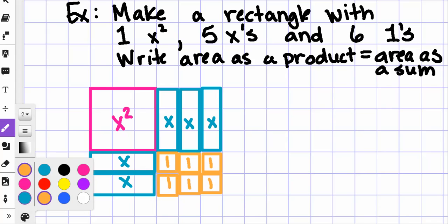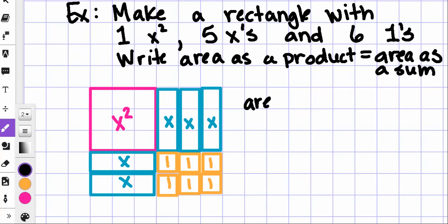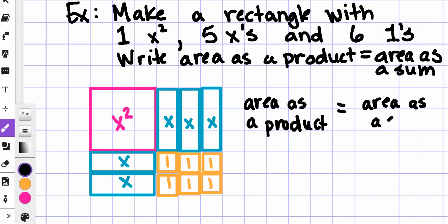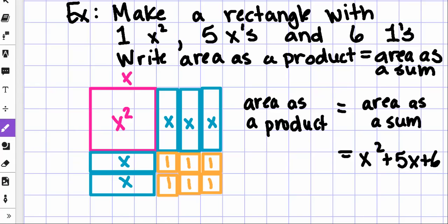Okay. So you see right now that when I'm trying to find area as a product equal area as a sum, my product is the inside, which is going to be the x squared plus I've got 5 x's plus 6. My outside area, when I'm doing this, this is going to be an x, this is going to be an x.